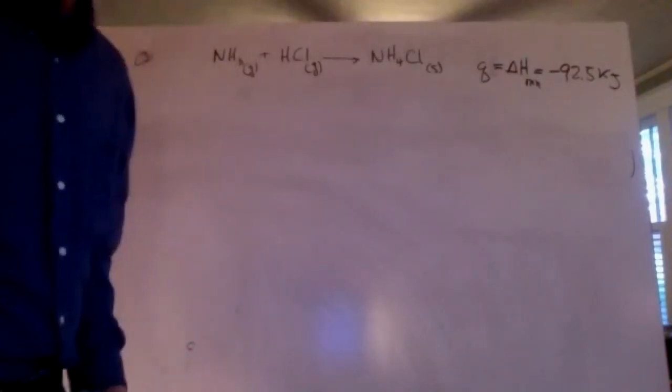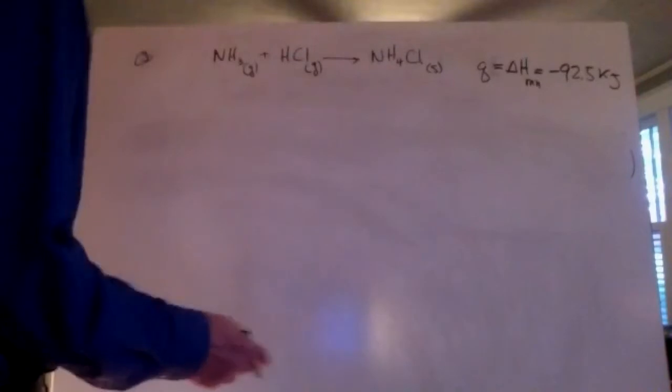You're told that the heat of the reaction is equal to negative 92.5 kilojoules. Okay, can you guys see that okay? Okay, so that's what we know about this chemical reaction.